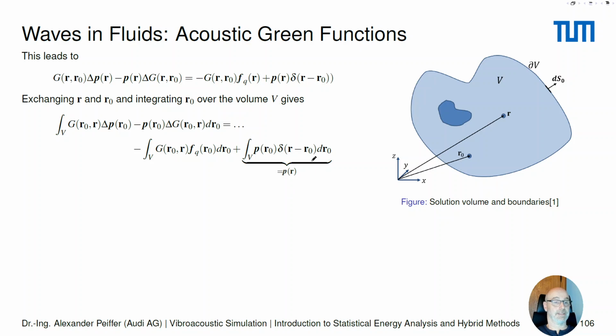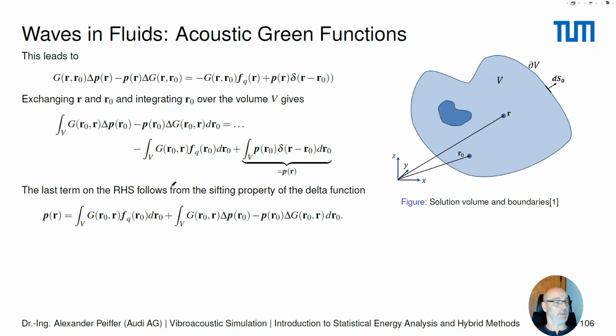The first part can be easily changed, and that's here the last integral, because as you know, we can make use of the shifting property. So this expression here is exactly the pressure field with the argument, vector r, as mentioned here, and that simply simplifies our equation a little bit.